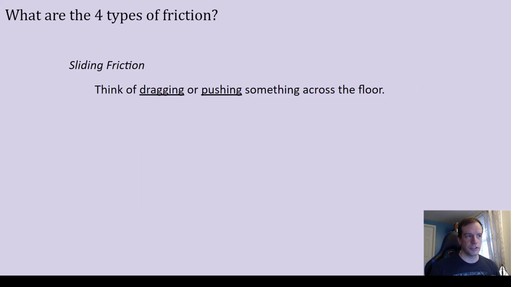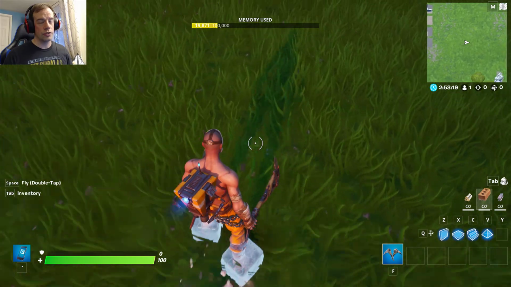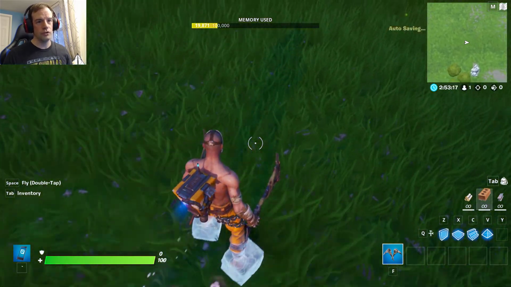The next kind of friction is sliding friction, and this is when you try to push something across a surface and it's just going against you trying to push it. So if you've ever tried to push furniture or something else across a floor, it can be quite difficult. If you need to reduce sliding friction, use ice.